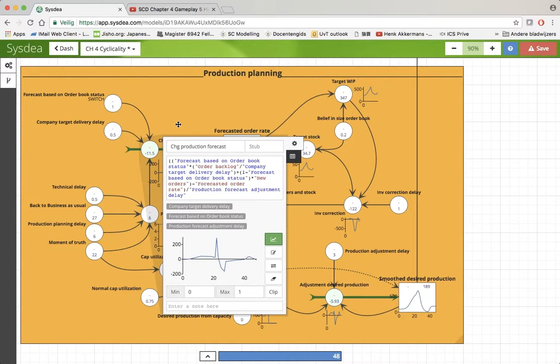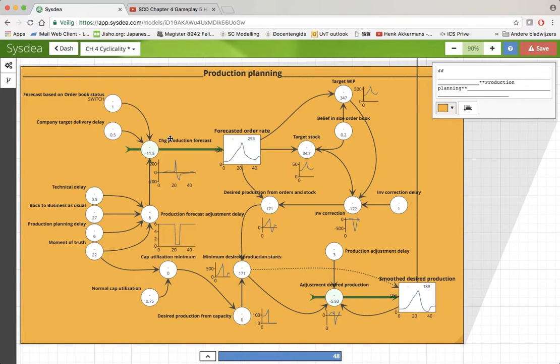The logic here is that under normal conditions, Philips Semiconductors and indeed all semiconductor companies will only look at the order book in its entirety, for reasons that are explained in more detail in the book, and not at the current orders that we had last week. which means that they have a very long delay in seeing that new orders are drying up. If you switch this one to 0, then only the new orders are being counted in.